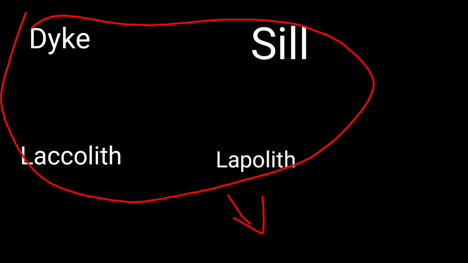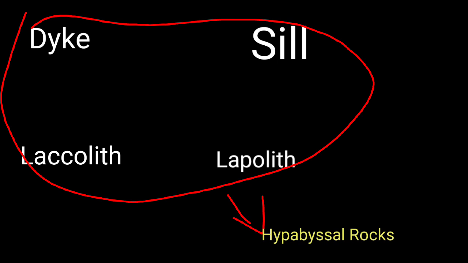Very easy and clear concept to understand. Dike, sill, laccolith, lapolith, these are hypabyssal rocks because they lie below the surface of the earth and above the plutonic rock. An example of a plutonic rock can be the batholith. So hope you have understood the types of rock based on their formation and origin.